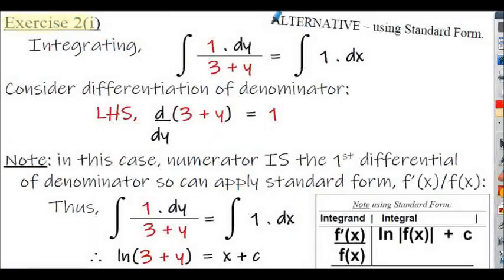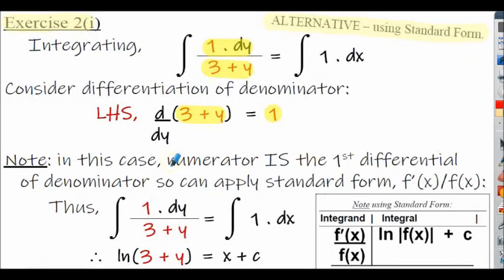Exercise 2i. Again, this shows a more detailed slide relating to the alternative of using the standard form for the integration process. So considering the integral of 1 dy divided by 3 plus y, if you differentiate the denominator, differentiating 3 plus y with respect to y, it's a value of 1, and we actually have 1 in the numerator.